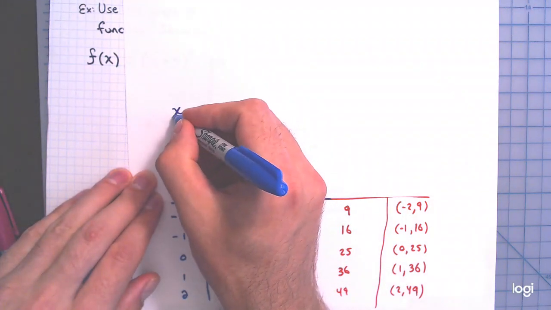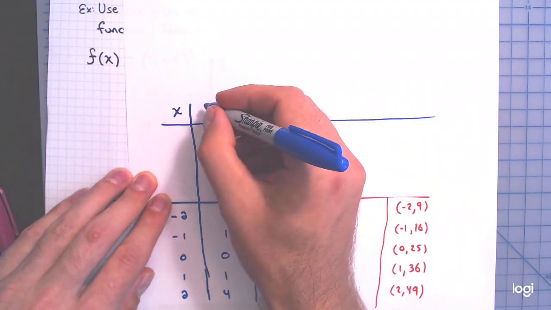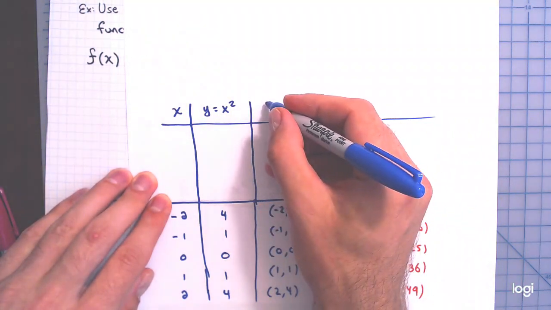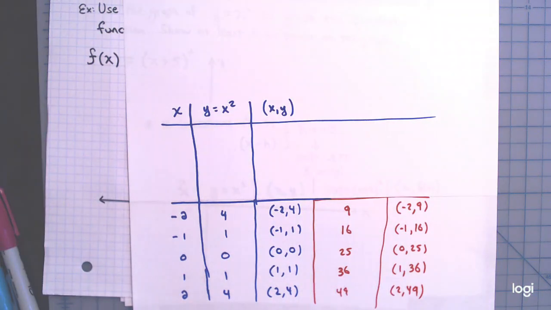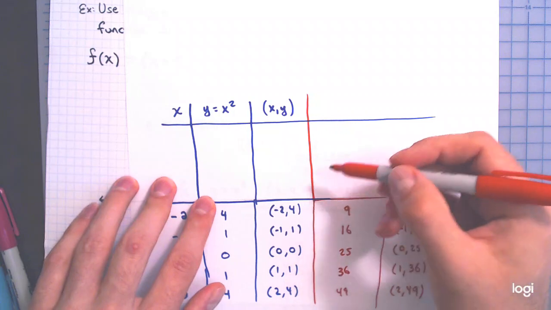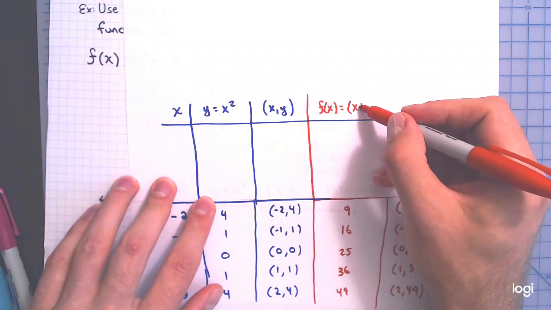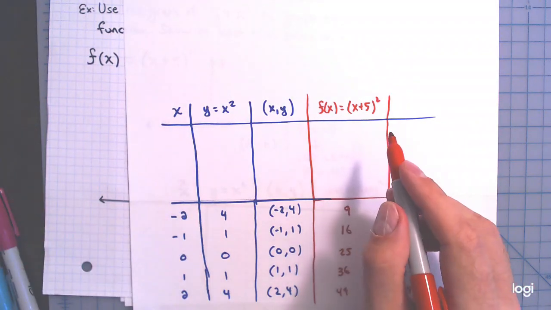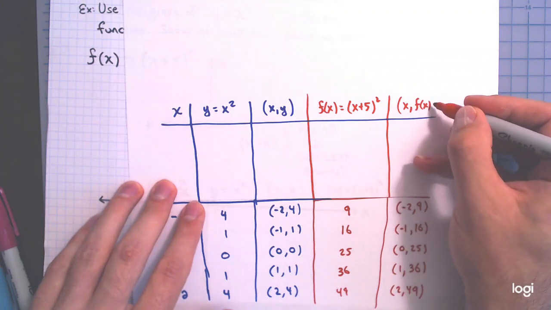So again, here was our x column, and then our y equals x squared column, and then the ordered pairs for y equals x squared. And then for the f of x equals x plus 5 squared, the outputs of the second function, and then the ordered pairs for that second function.